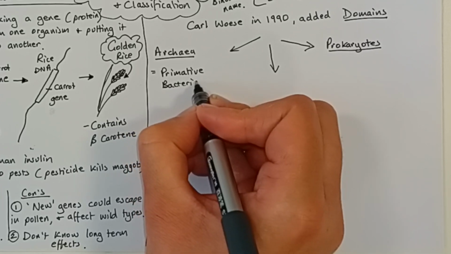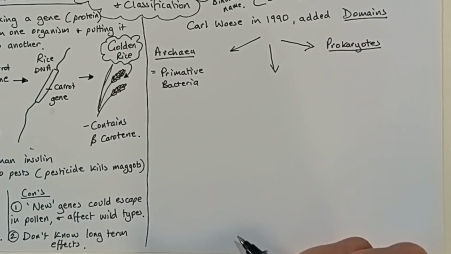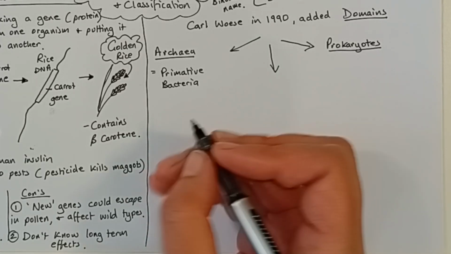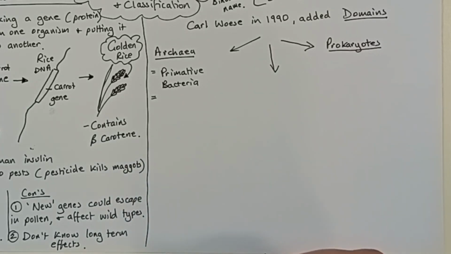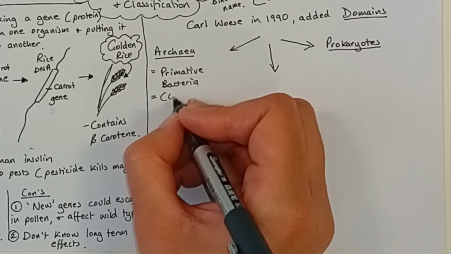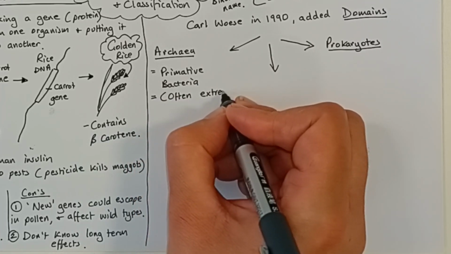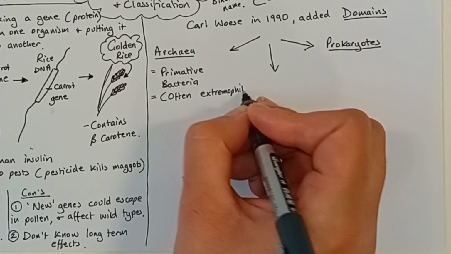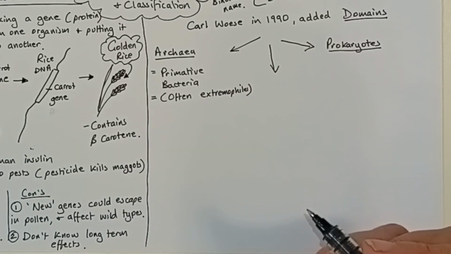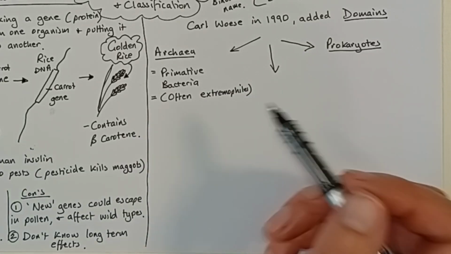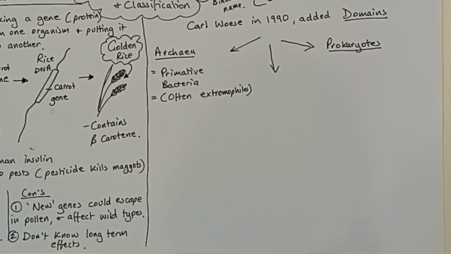And the reason he decided that they needed separating out from all the other bacteria is they've got really odd biochemistry, so often involving sulfur rather than oxygen, and they're often extremophiles, so they're found at very high temperatures or very high pH or very high pressure. And therefore they shouldn't be grouped together with all the other bacteria because actually they are completely different.